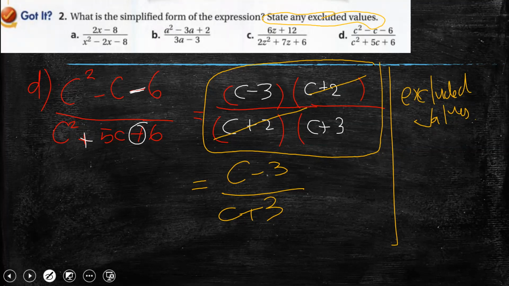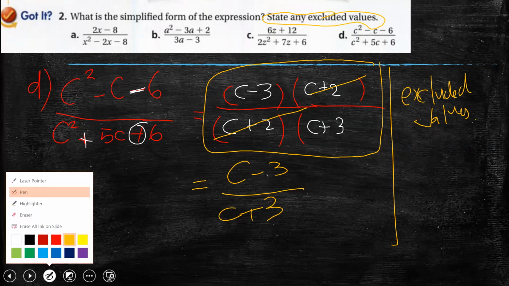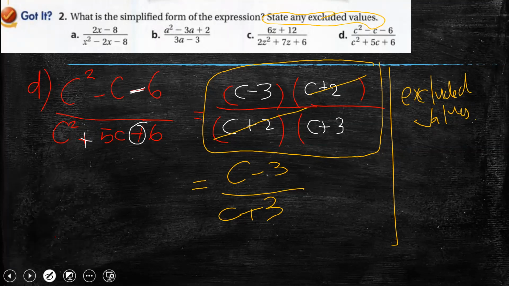When you look at that here, what expressions do we have in the denominator? C plus 2 and C plus 3. Bravo.